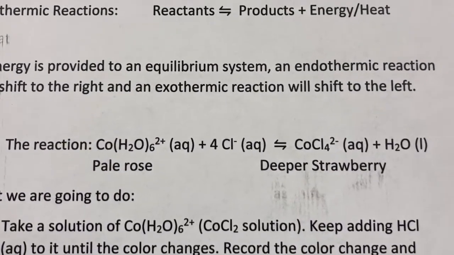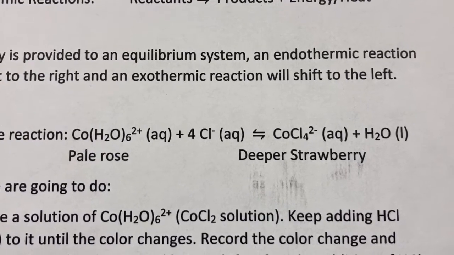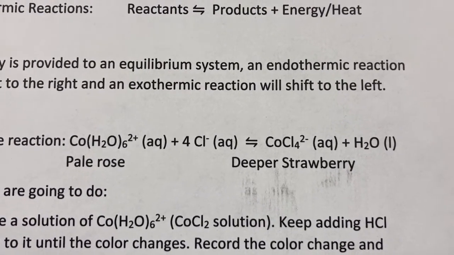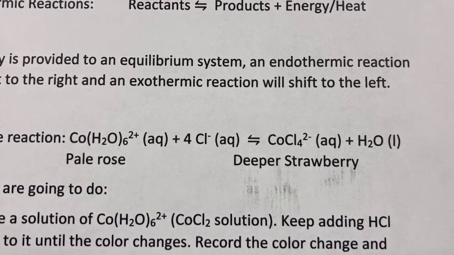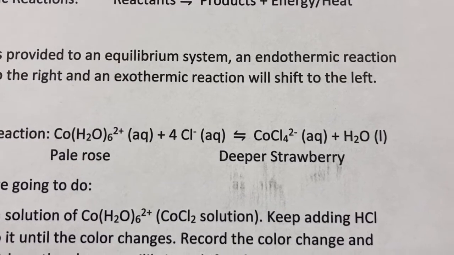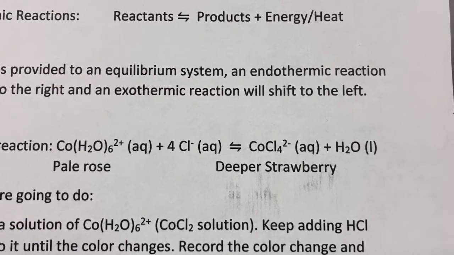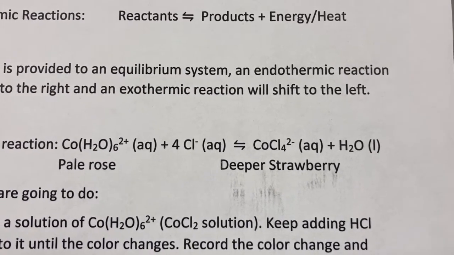From the color change, you know to which direction it is shifted, and the energy will be on the other side of the equilibrium. That will tell you whether the reaction is endothermic or exothermic. You have to make a prediction on that based on your observation.